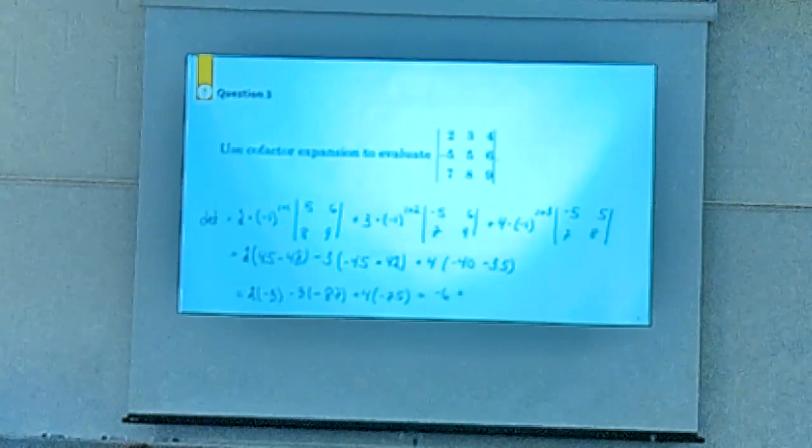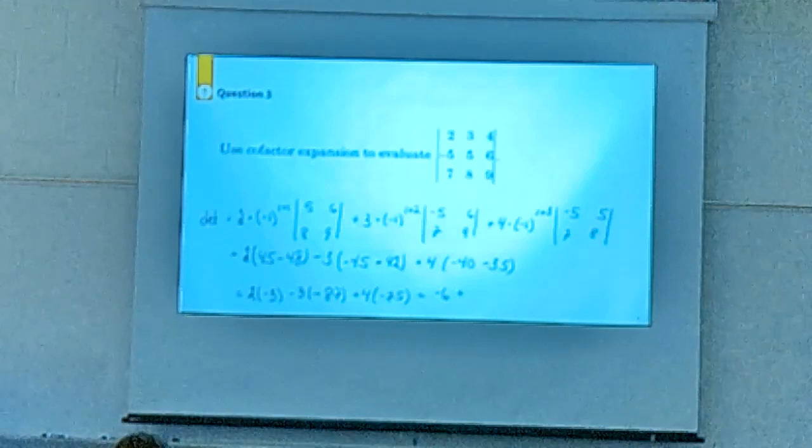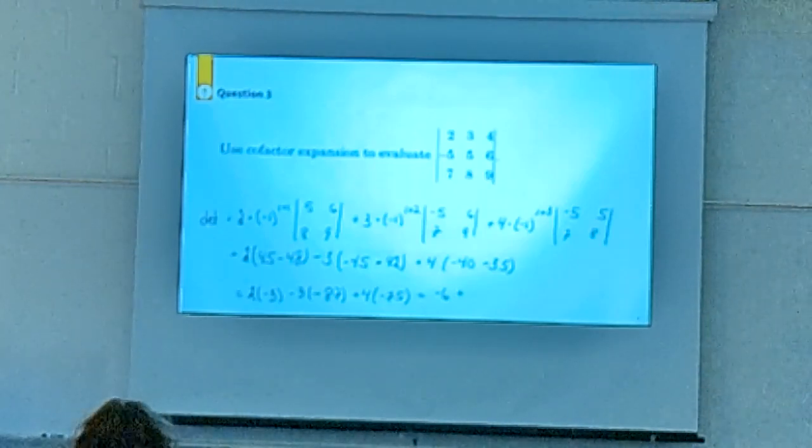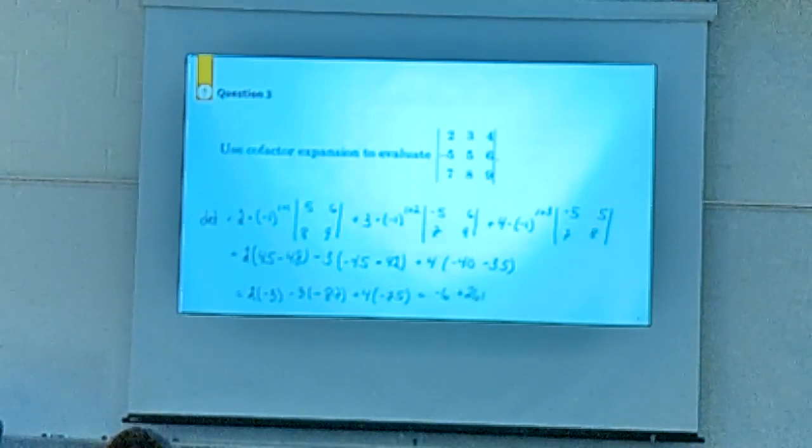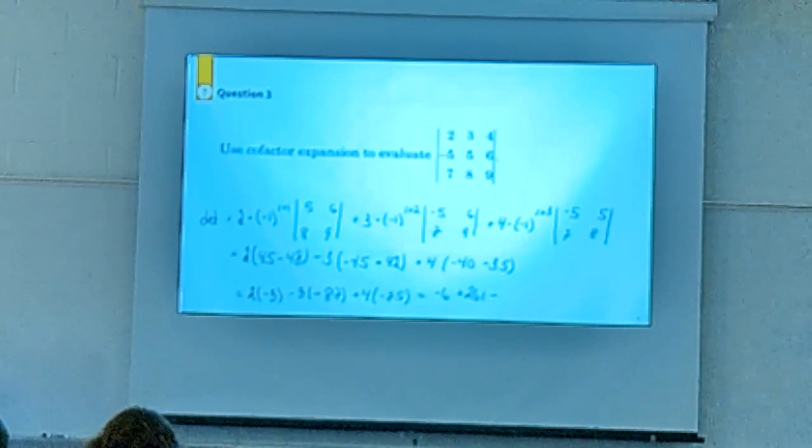Three times 87, $261. And then 4 times 75, 225. 300, yeah.